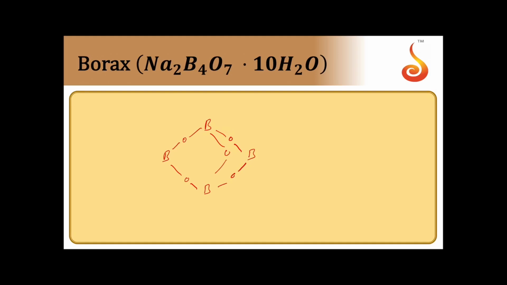And we have hydroxyl groups bonded to each boron atom. If you see the structure, some boron atoms have 4 bonds. Let us take this boron, which has 4 bonds: 1, 2, 3, 4. This boron is undergoing sp3 hybridization. This other boron atom has 3 bonds.